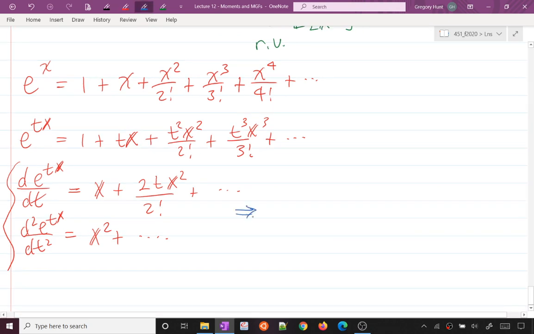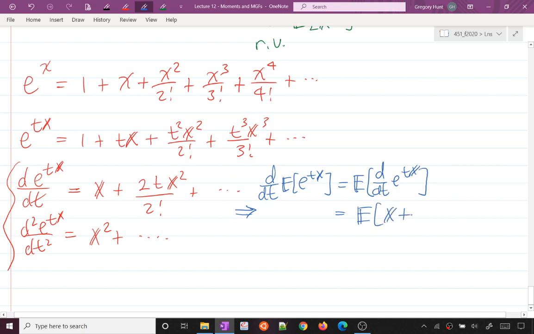And so if I were to look at, say, d dt of e to the tx, and if I could push that derivative in, so I could say it's the expected value of the derivative, then this would be the expected value of x plus 2 times t, x squared, blah, blah, blah.